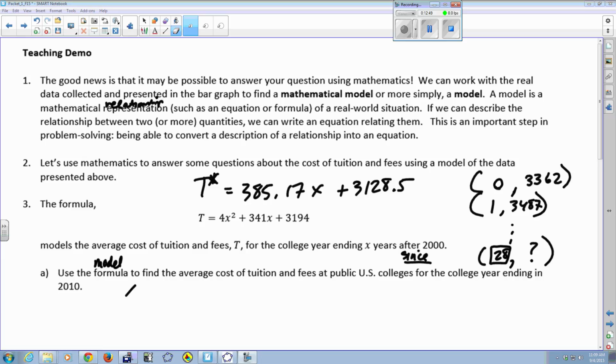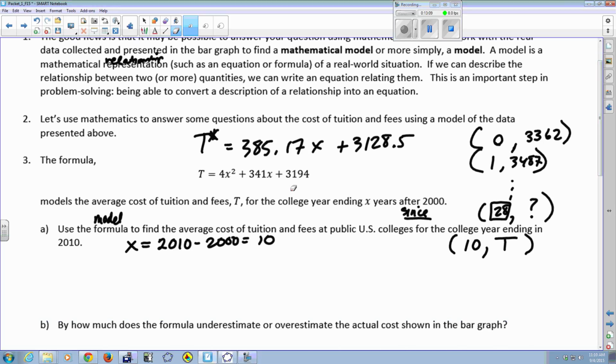So the first thing I do is go to my definition of X and say X is equal to 2010 take away 2000, which is 10. And I know I have to find the value for T when X is 10. That's my job, and this formula or model is going to help me do that.